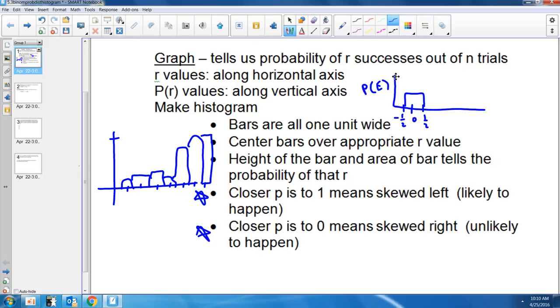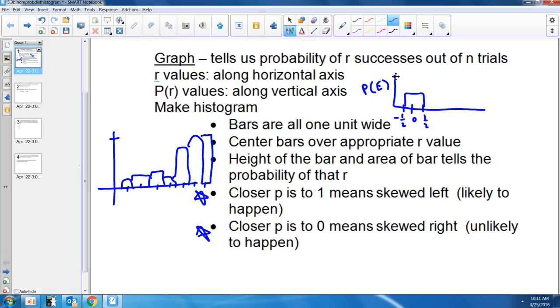In fact, 7 out of 7 successful has the highest probability, and then 6 out of 7 would have the next highest probability. That means that the probability of success is very high, which means that the tail would go to the left, which means it's skewed to the left.